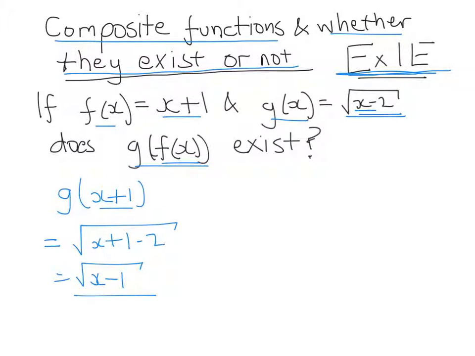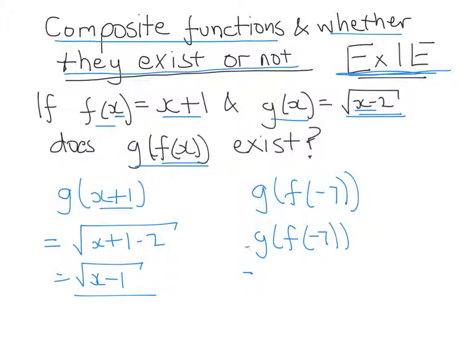Well, let's check this out and see whether this is true in reality. So what about g of f of x when x is equal to minus 7? If we put in minus 7 for x, f of minus 7 is minus 7 plus 1, which is minus 6.